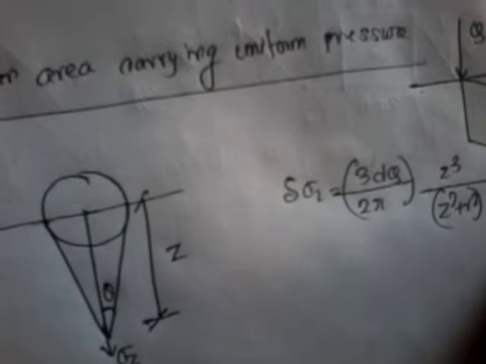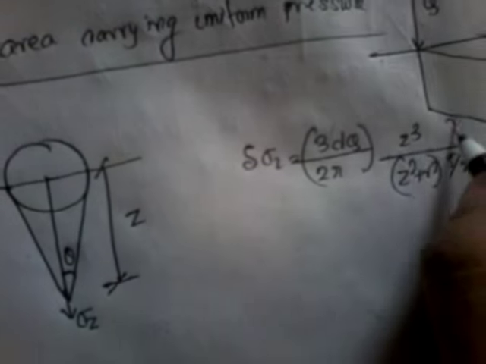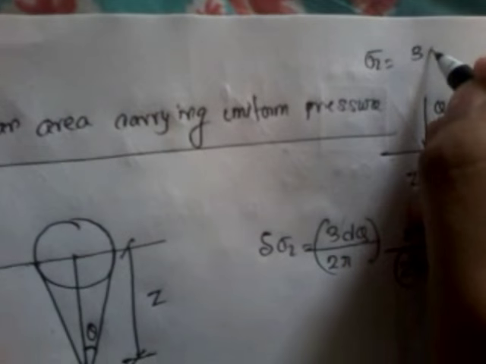Then from the Boussinesq equation we are writing that sigma z is equal to... we are measuring the stress at this point, so sigma z is from r distance and the depth of this point is z. So for Boussinesq's equation we write sigma z equal to 3 q by 2 pi into z cube, 1 by 1 plus r by z whole square to the power 5 by 2.